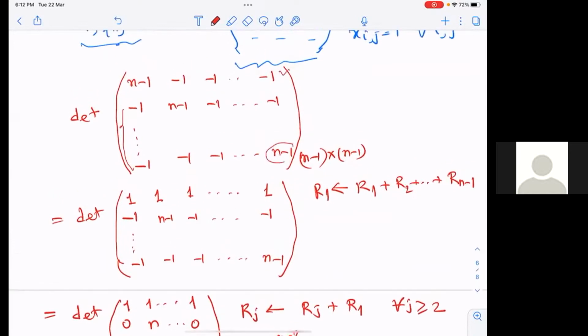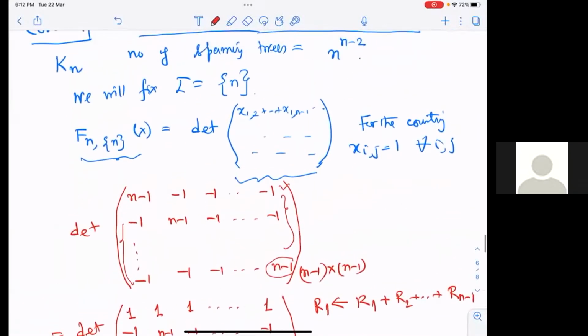Because there is n minus 1 added, and there are n minus 2 entries of minus 1. But you did not add the nth row, right? There is no nth row. It is an n minus 1 by n minus 1 matrix. Oh, okay, sorry. Because you have deleted the nth row and nth column, right? Because your I set is n. Okay, sir, it's clear now.